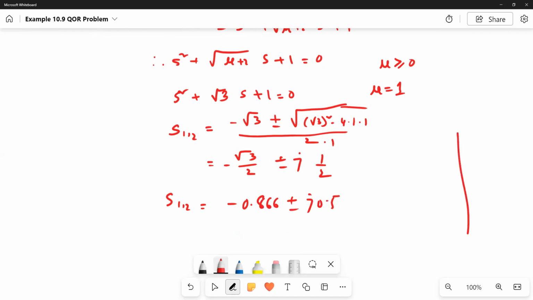In the s plane, the real part is minus 0.866 and the imaginary parts are plus and minus 0.5. The real part is negative, so our system is stable. So the pole locations are there.